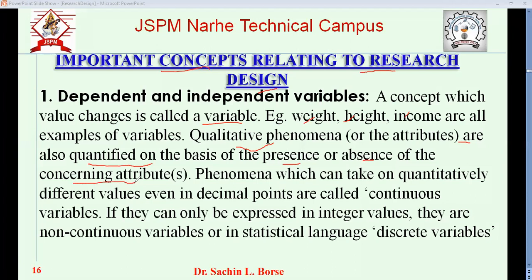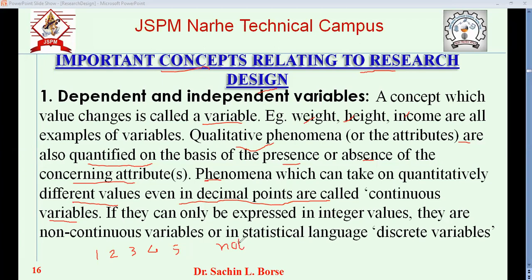A phenomenon which can take quantitatively different values, even in decimal points, is called a continuous variable. And 1, 2, 3, 4, 5, these are what? Non-continuous or discrete variables. Please understand.